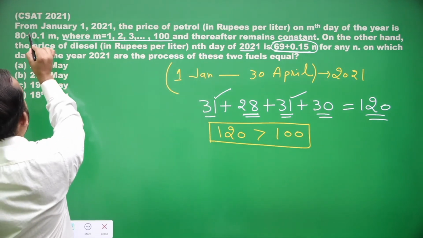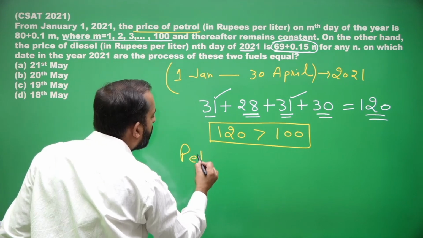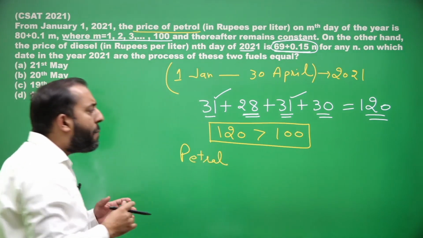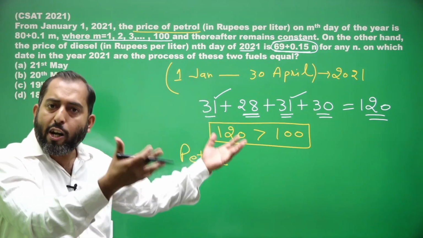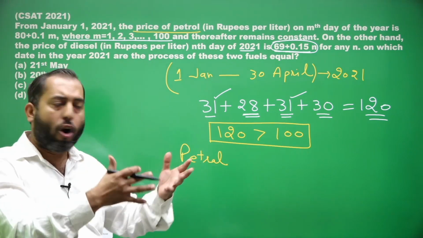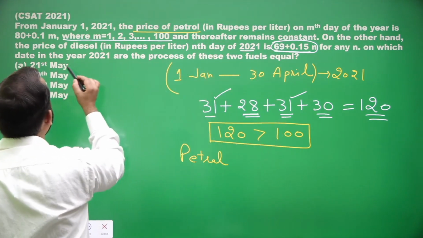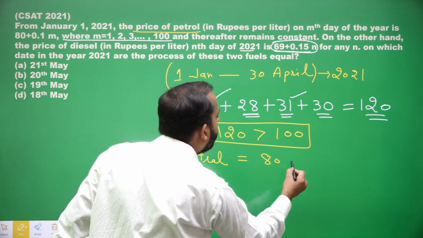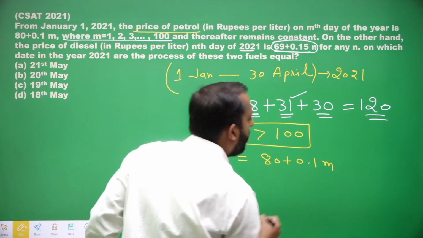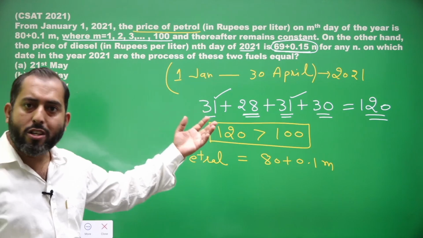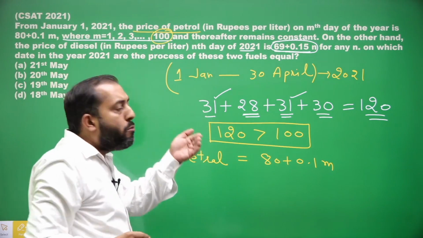So if I talk about the price of petrol, the price of petrol at the end of April and in May is going to be constant, that is 100 only. Why? Because the price of petrol is 80 plus 0.1M. The price of petrol will be constant onwards because the value of M cannot be more than 100.